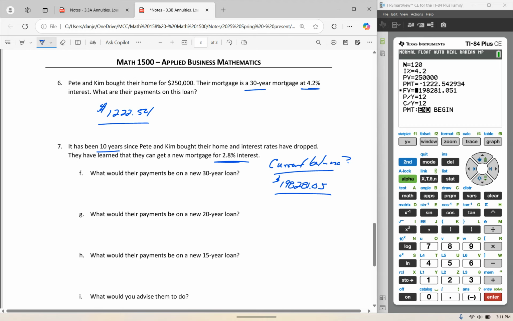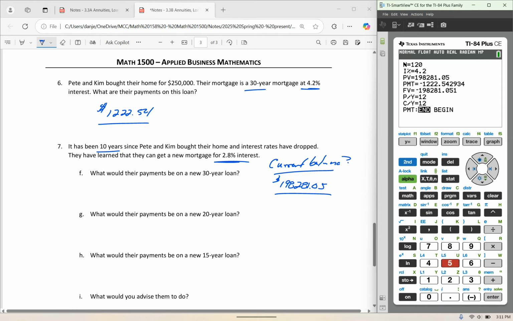So if they're going to refinance, we're ignoring fees that the mortgage company might put on there. We're just going to assume that there's no cost to them to refinance. When they go to take out a new loan, they're going to borrow the $198,281.05, and notice that it's positive now.